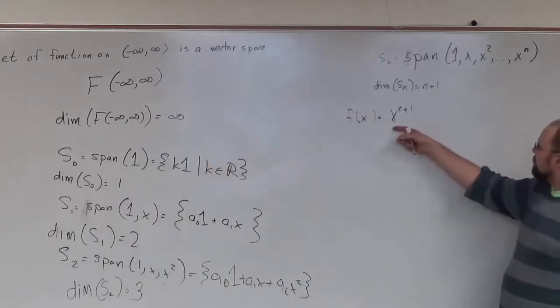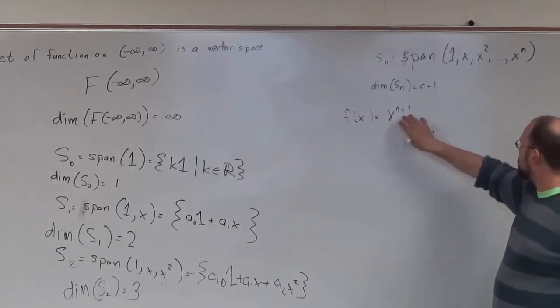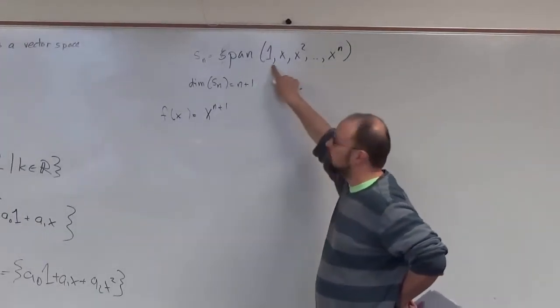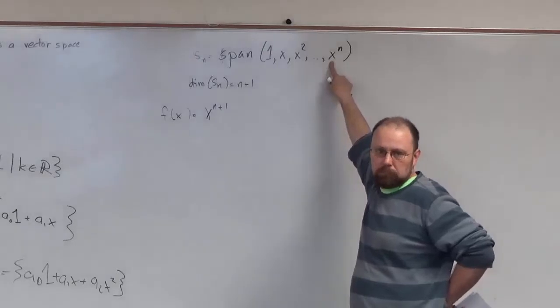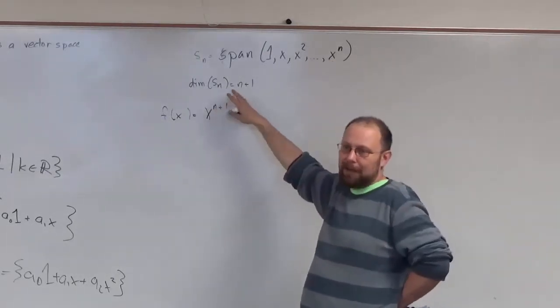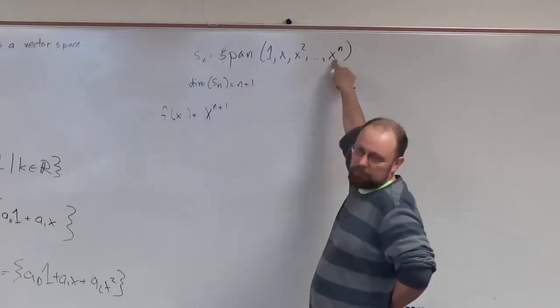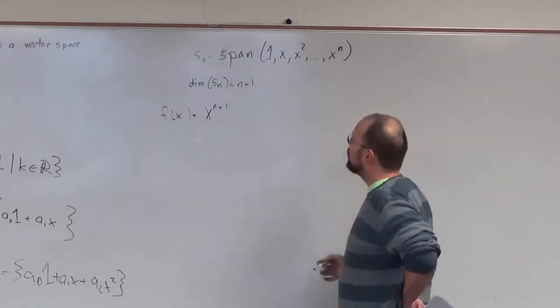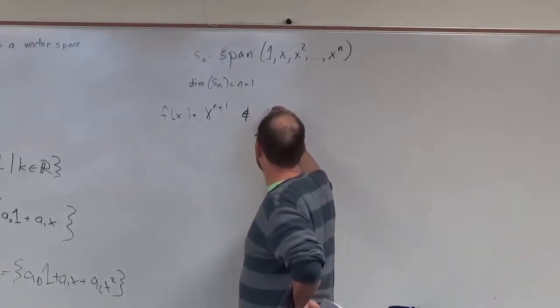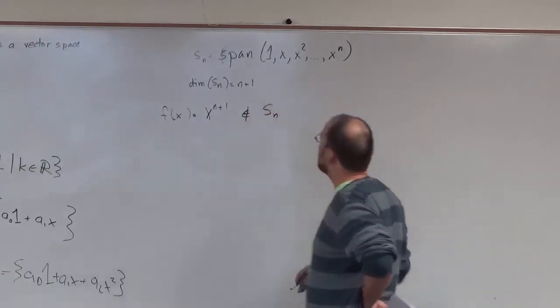So this is a function. Is it possible to express this function as a linear combination of these? It's not possible, right? This is not a like term. This is like x to the power 7. This would be x to the power 6. It's not possible. So this function is not in the span of those.